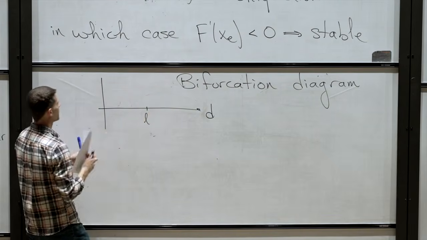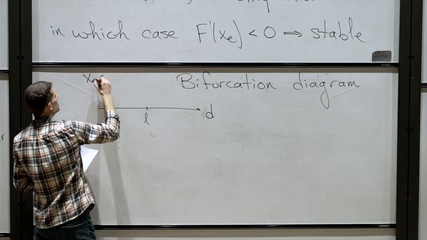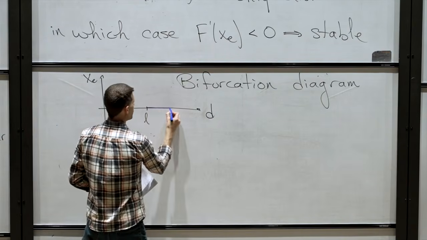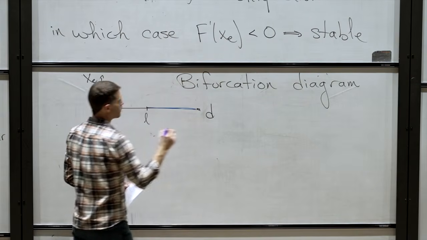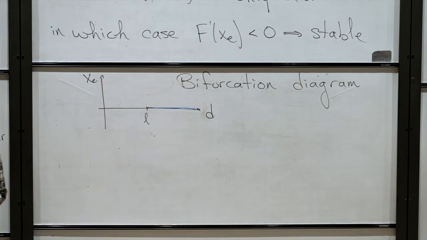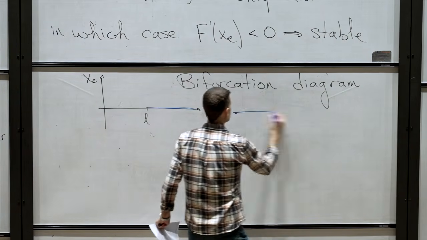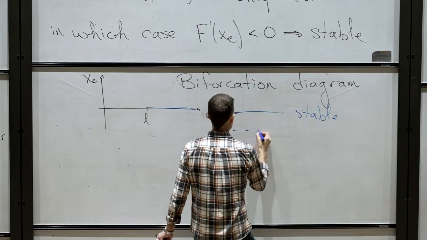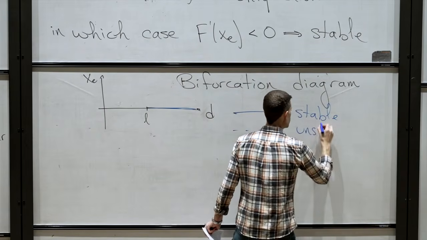So up here, this axis is like xe. I only have one equilibrium, and it's xe equals 0. And what we do in a diagram like this is we use a solid line to indicate that that equilibrium is stable. And we'll use a dashed line to indicate unstable.